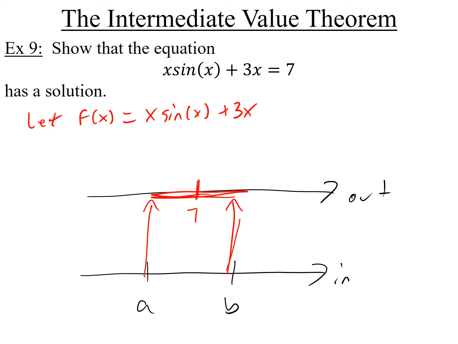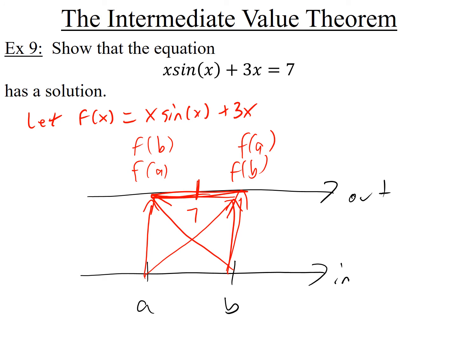Of course, this doesn't have to be on this side. This could be on this side, and this one could be on this side. It doesn't matter. All I know is either f of a is here and f of b is here, or reversed, f of b is here, f of a is here. I just need 7 to be between them. Okay, that's way too much drawing on this picture. So let's go back to the original drawing that I had here.